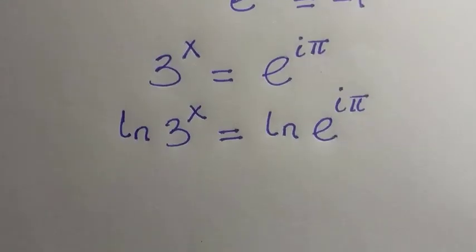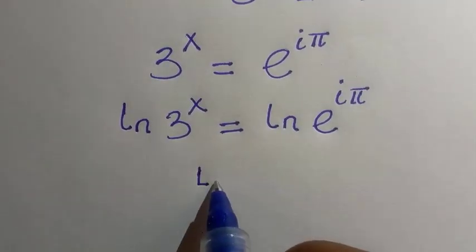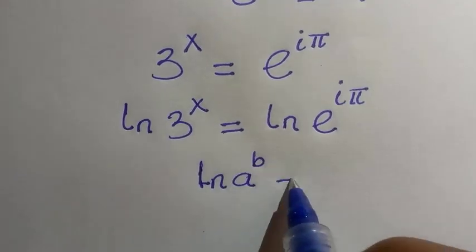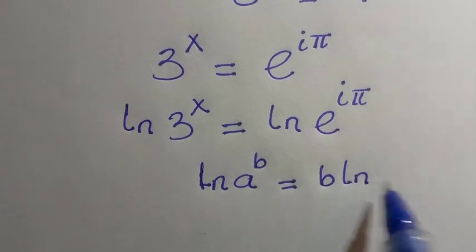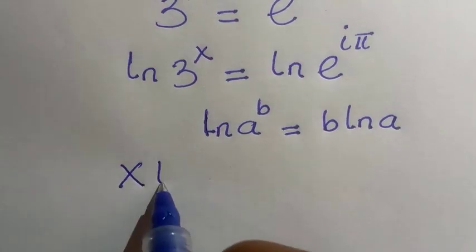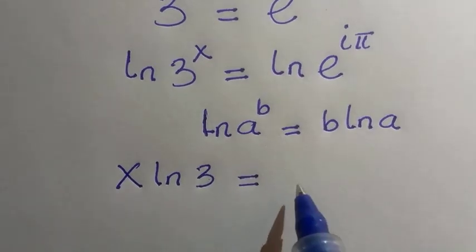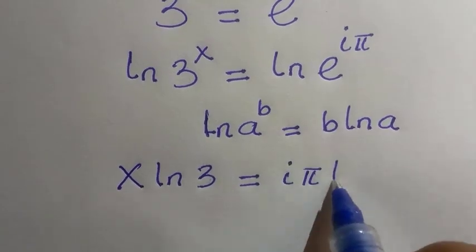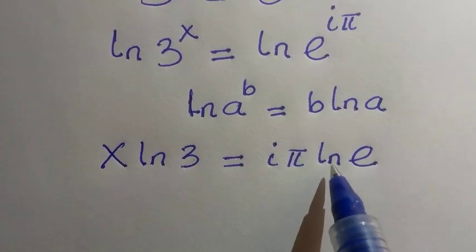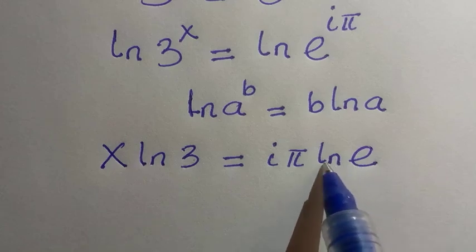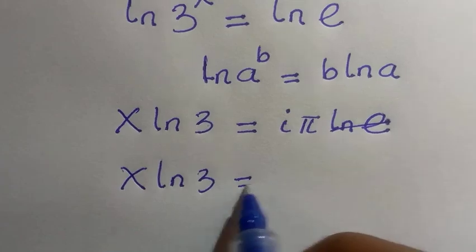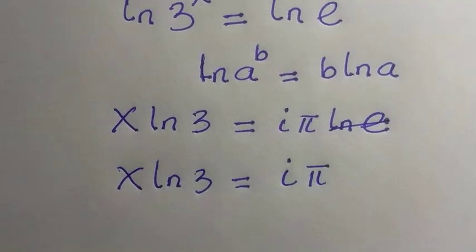So by the property of logarithm, suppose we have ln of a raised to the power of b, this gives b ln a, that is x ln 3 equals i pi ln e, where this ln and exponential are inverses, so they cancel each other. Here we have x ln 3 equals i pi.